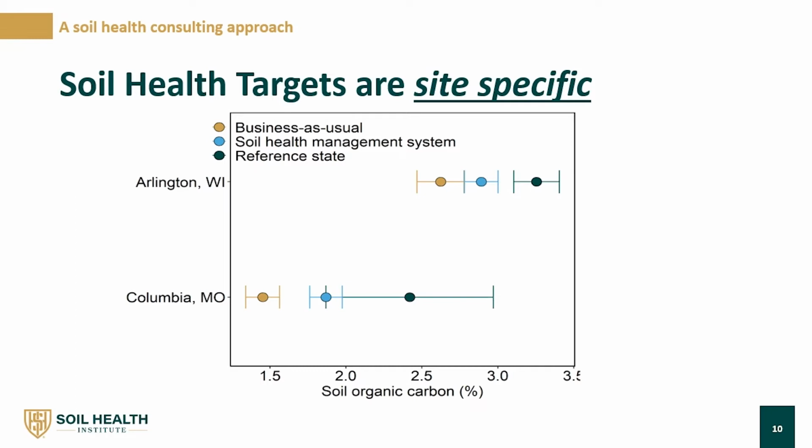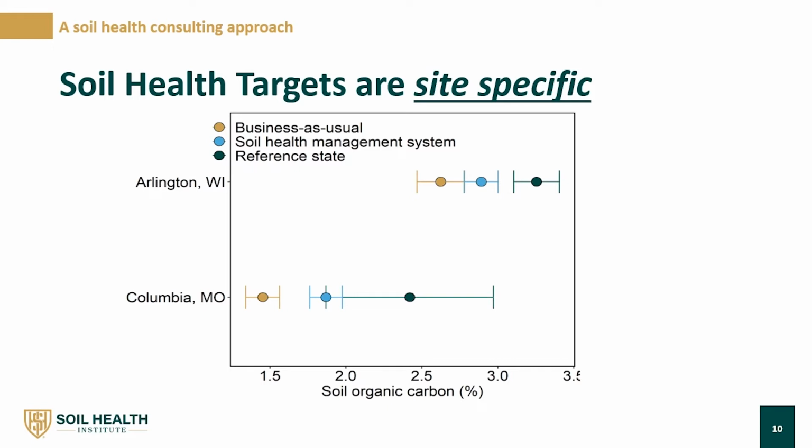Some spots in a field are going to have higher target values than others because the soil will have a natural propensity to score higher on a particular soil health indicator. In this case, soil organic carbon. So as you move from one location in the field to the next location within a field, you may see changes in those targets, and you need to be thinking about that when measuring and evaluating the soil health in your field, as well as planning soil health management.